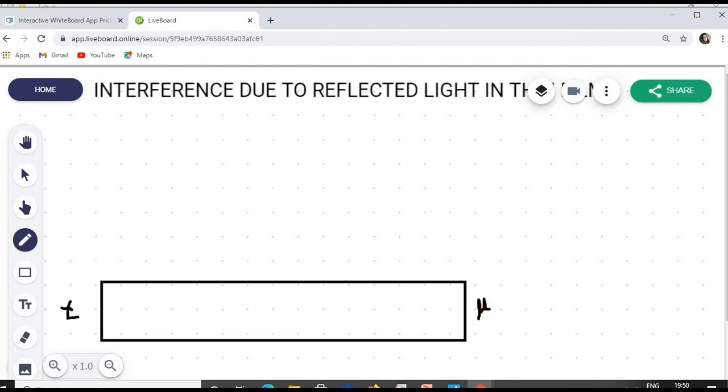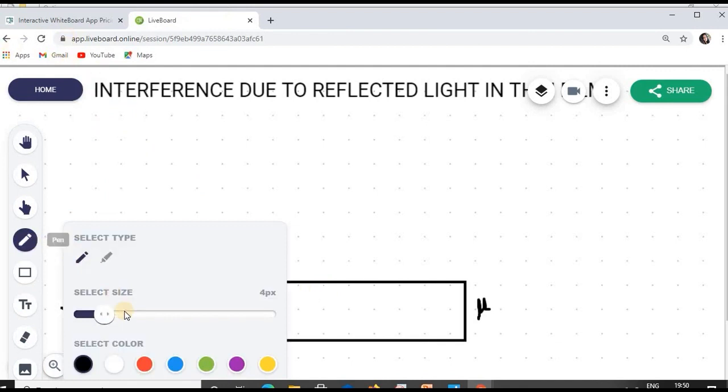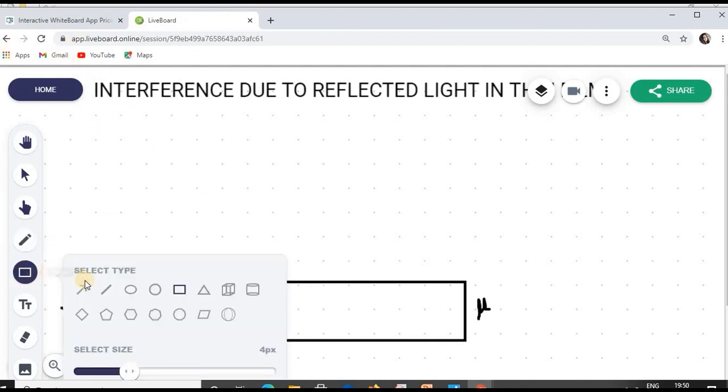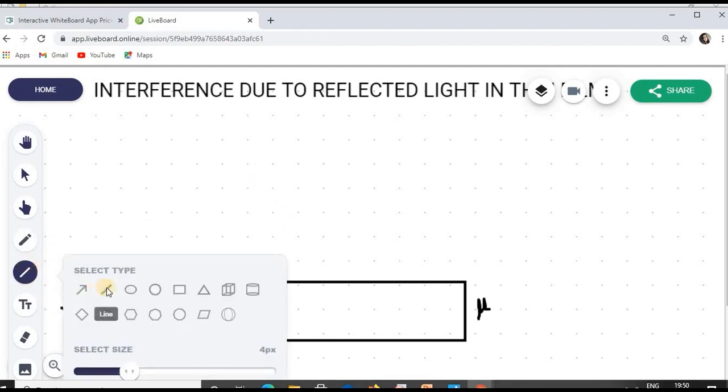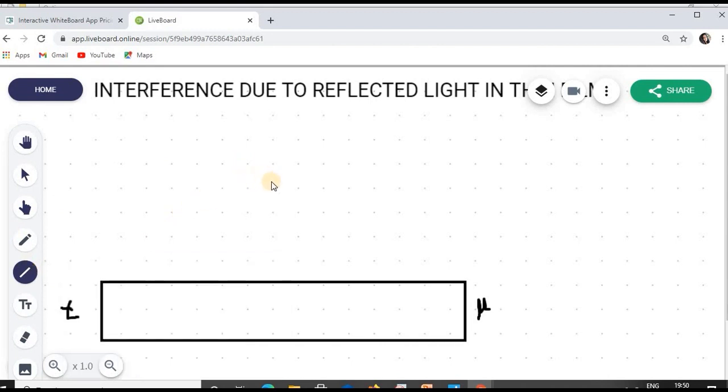Let us consider plane waves from a monochromatic source falling on the film at an angle of incidence I. So first, for having the angle of incidence, I need a normal. I'll draw a normal here.